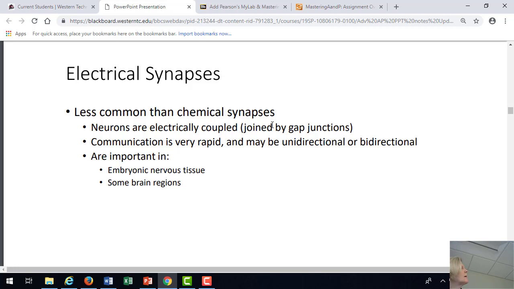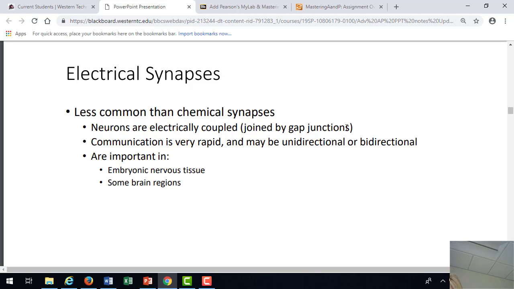A less common type of synapse is an electrical synapse, and that's where there's not a space between them, but there's these channels that connect the axon terminal of one neuron to the dendrites of another. So the flow is direct. So if I have stimulation of the presynaptic neuron and there's all these sodium ions in there, right, and there's enough to reach threshold, the flow of ions is going to go right into the next neuron because they're tethered together by these gap junctions.